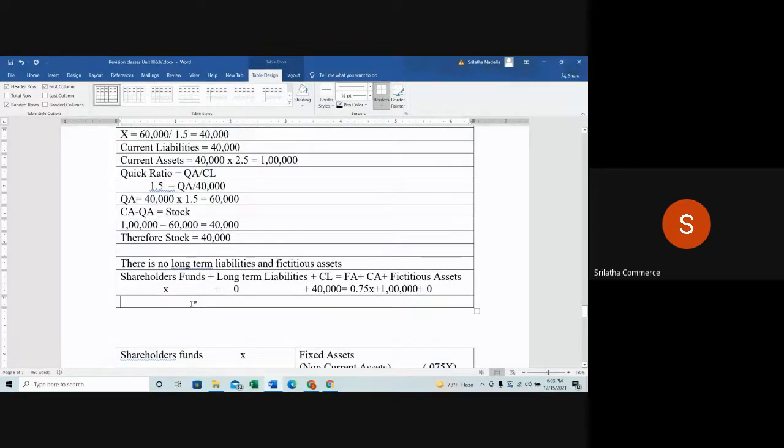All x will come to one side. Already you have x here.